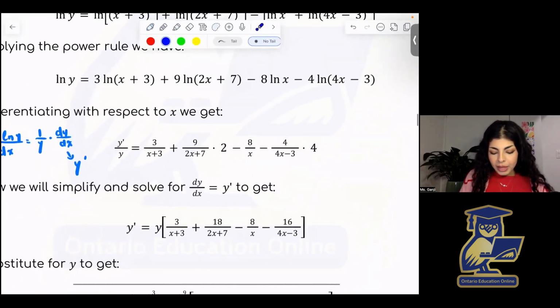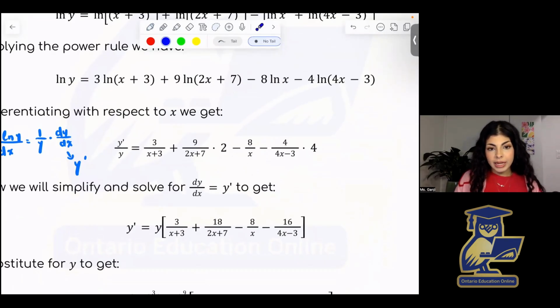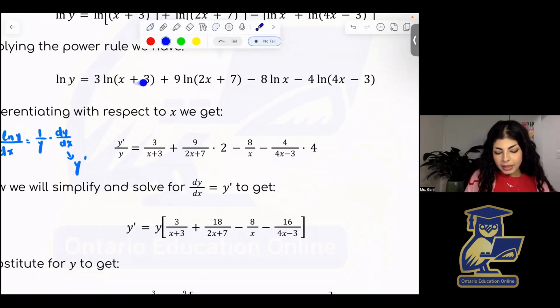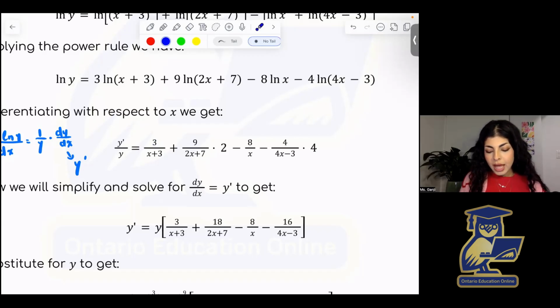And now, in these terms here, the first thing I want you to notice is how we have x plus 3 in the denominator, 2x plus 7 here, x here, and 4x minus 3 here. And that's just the derivative of the natural logarithmic function. And then the 3 here is just the coefficient, the 9 is the coefficient, and the 8 and the -4.